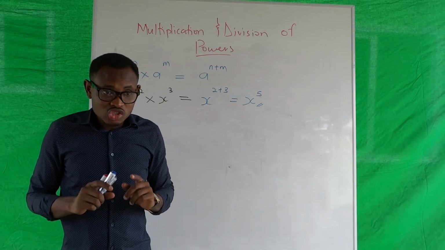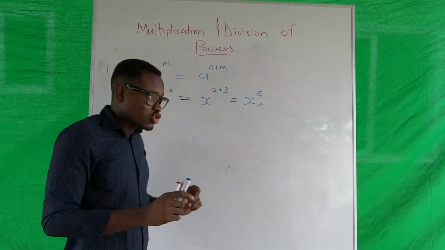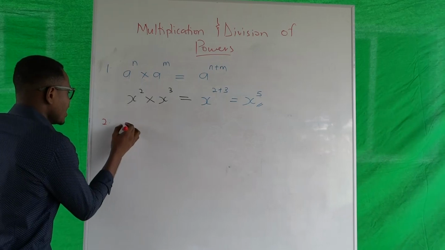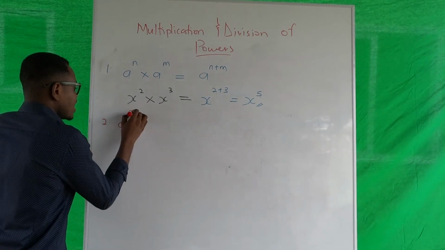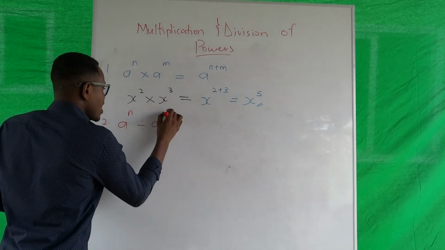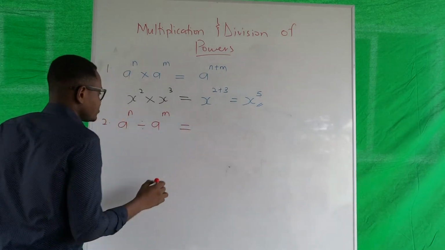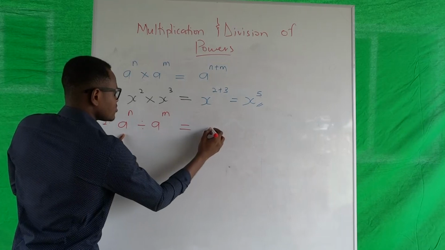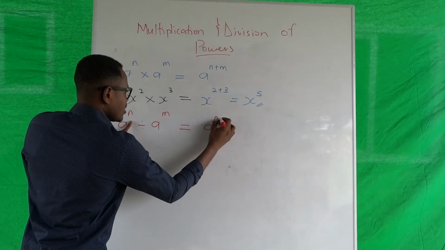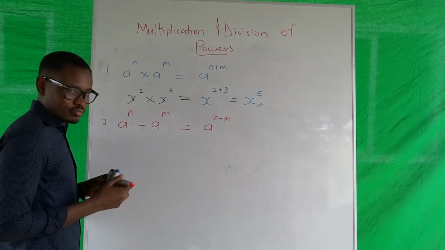So if we have a to the power n divided by a to the power m, our answer is a to the power n minus m.